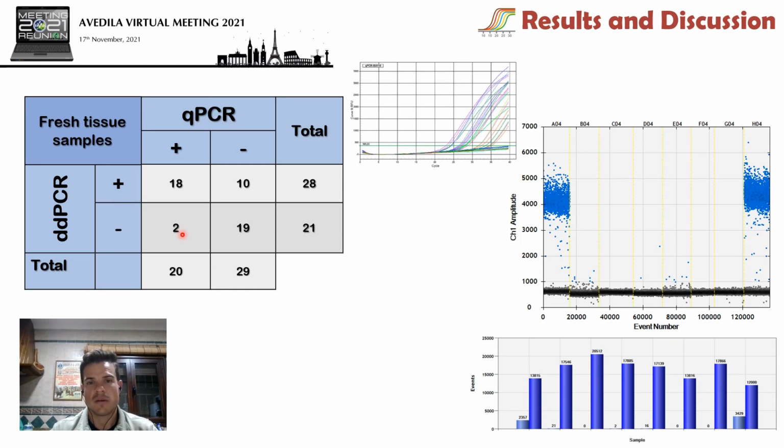When the PCR was run directly in fresh tissue samples, 20 positive samples and 29 negative ones were found with real-time PCR. On the other hand, with digital PCR, 28 samples were disclosed as positive and 21 as negative ones.